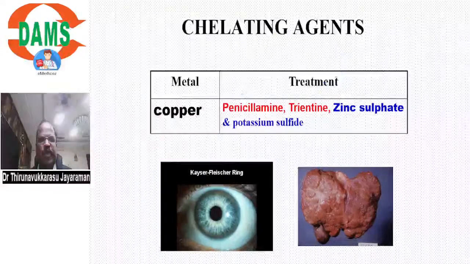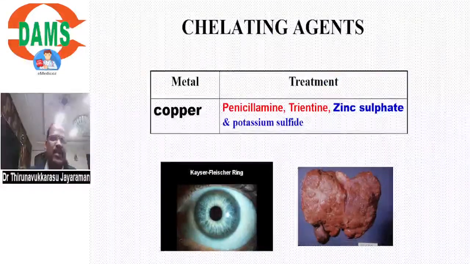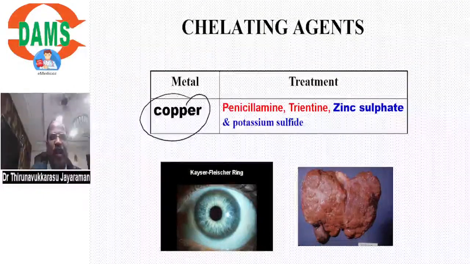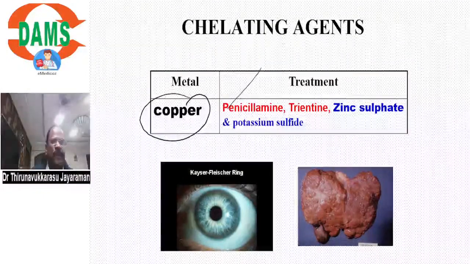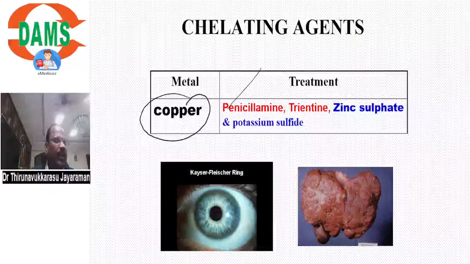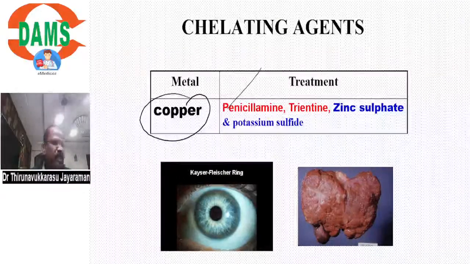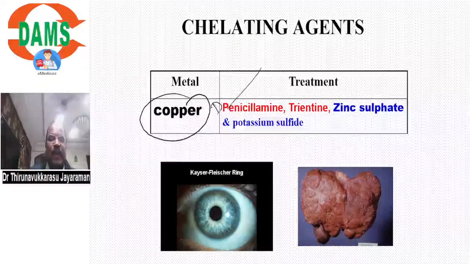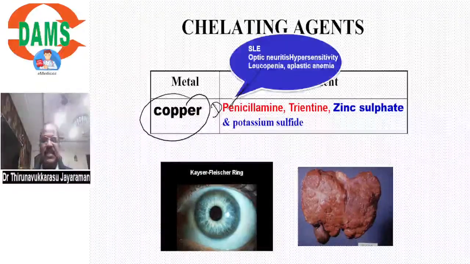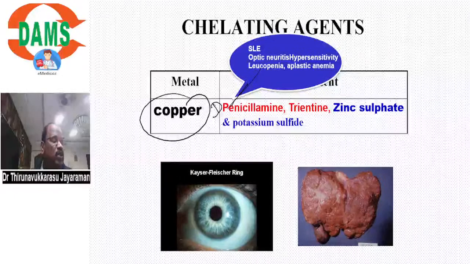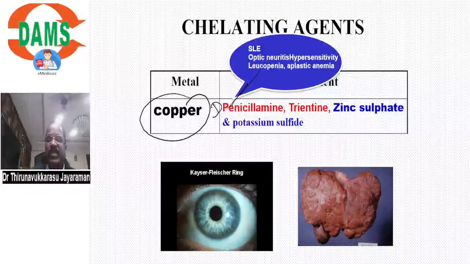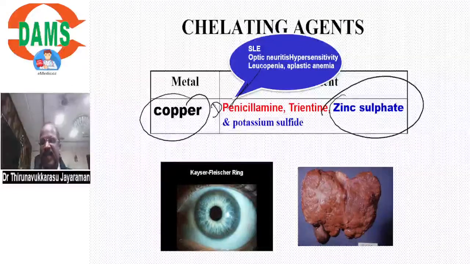Just one point out here: for copper poisoning we can use antidotes like D-penicillamine, trientine, and zinc sulfate. D-penicillamine causes adverse effects like SLE and optic neuritis, so for copper poisoning the best drug is zinc sulfate.